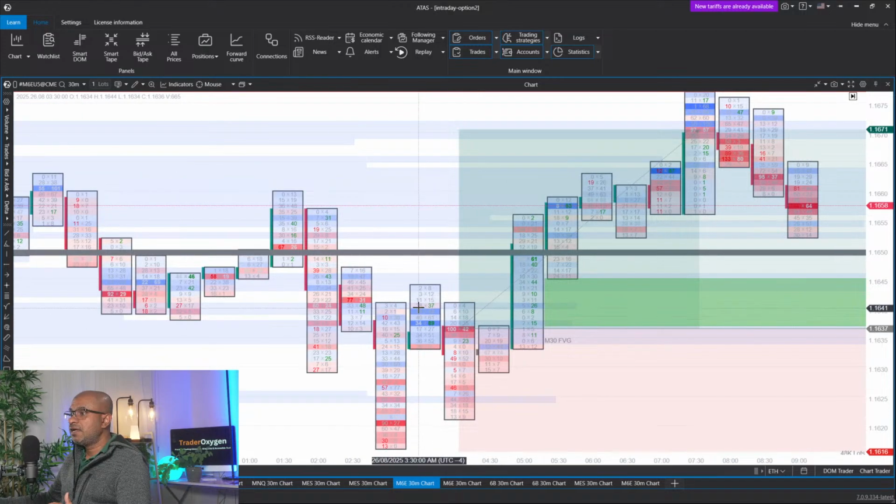Then we can see positive delta values, the blue color values being formed, and a green color candle. What that means is it confirms that buyers are in control, because the negative delta has now changed into positive delta and a green candle.